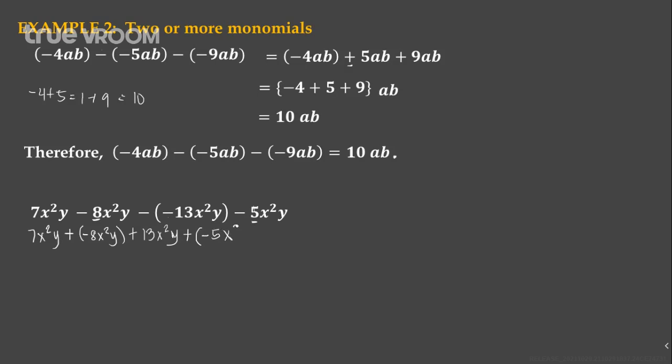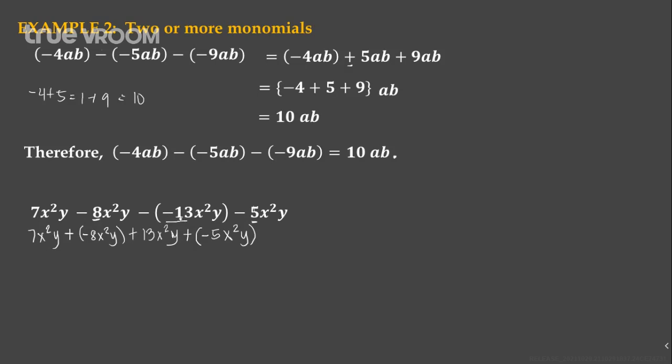Okay, again, boss. Listen carefully and look at the numbers carefully. Copy 7x squared y. Okay? Copy. Minus, change to plus. Positive 8 will become negative 8. Okay? Minus again, change to plus.